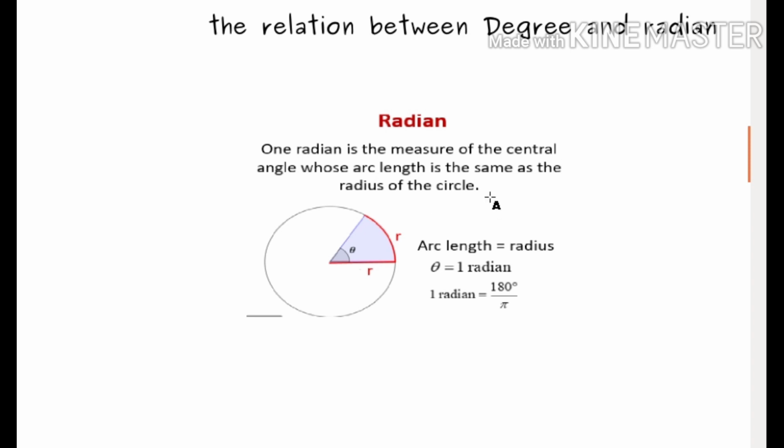I mean to say that arc is a length, and radius is also a length. So when we move in the circumference by the unit r length, we define theta is equal to r by r, so it becomes 1.